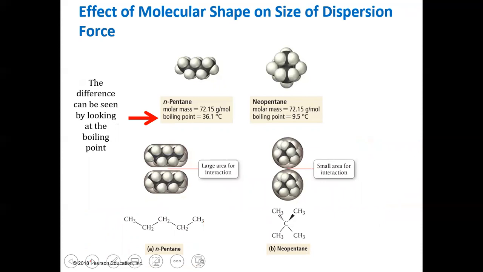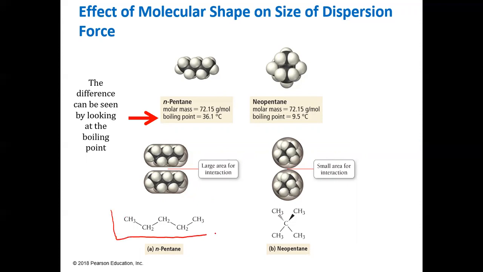All right, something else that affects the strength of your intermolecular force is the molecular shape. So here we're looking at something that's in a straight line and something that's here.